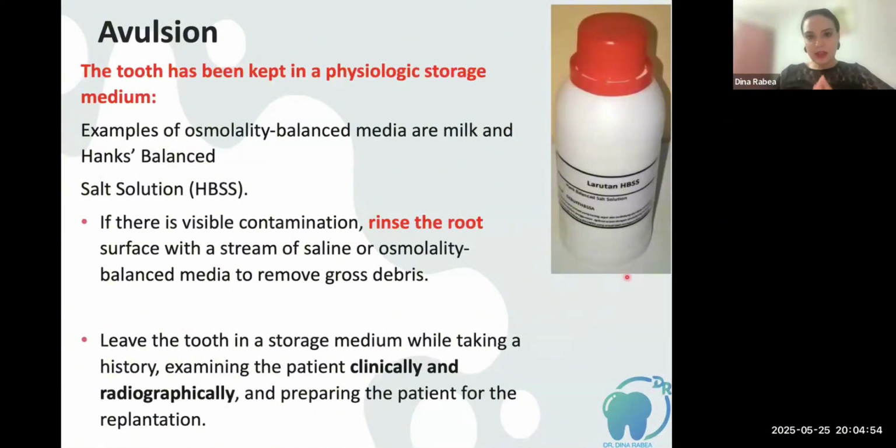So this was the scenario in case you already got the patient with a replanted tooth. If not, if the tooth has been kept in a physiologic storage media, for example milk or Hank's balanced salt solution, and we have the patient in your office, whether before or after 60 minutes, again, it won't differ.